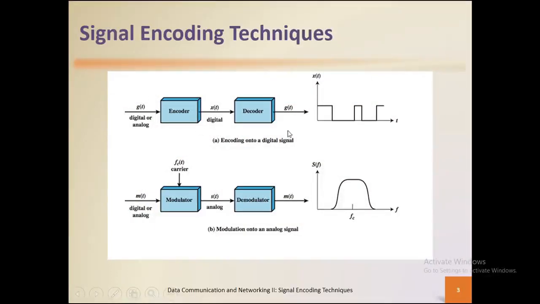So to represent that within this diagram, if you want to digitize specific information, encoding techniques are employed, especially when information needs to change its form from a given digital state to a digital signal.